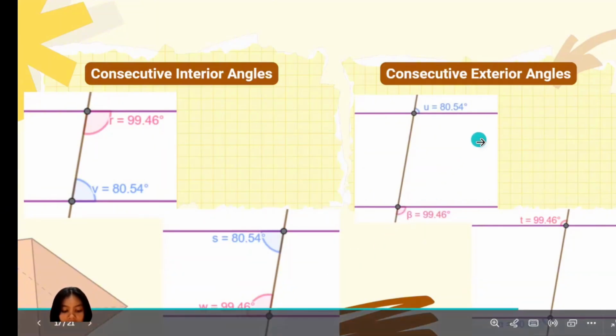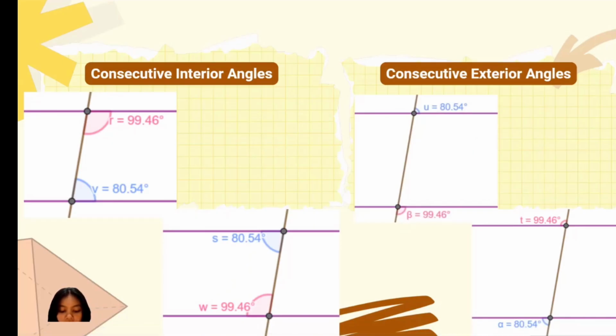Meanwhile, consecutive exterior angles is a pair of angles on the outer side of the two parallel lines and on the same side of the transversal line. In this figure, angles such as angle U and angle beta are called exterior angles on the same side.